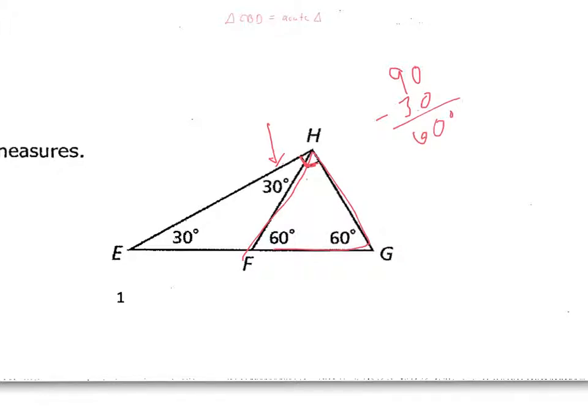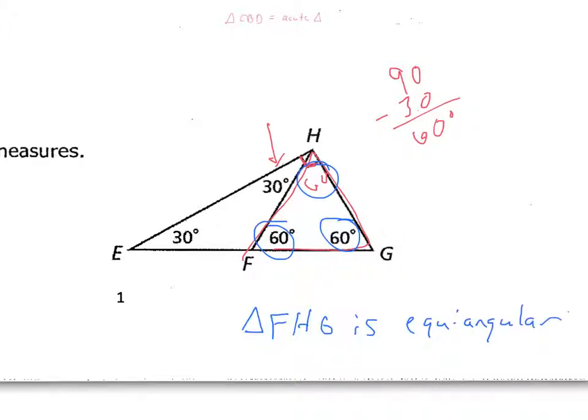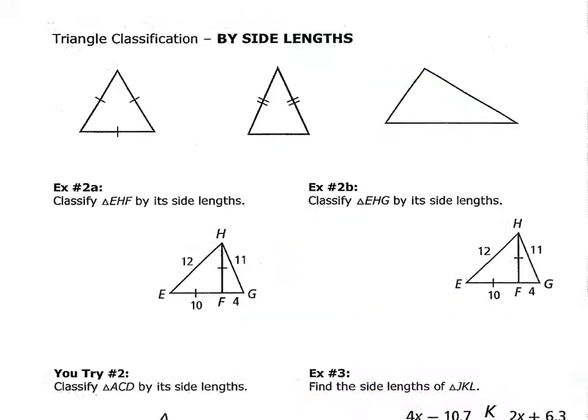Since this is 60 degrees, you can see that you have three different angles that are acute and 60. Since they're all 60, you can say that triangle FHG is equiangular. Okay, hopefully you're tracking with this stuff. If you need to rewatch, you can go ahead and do that.